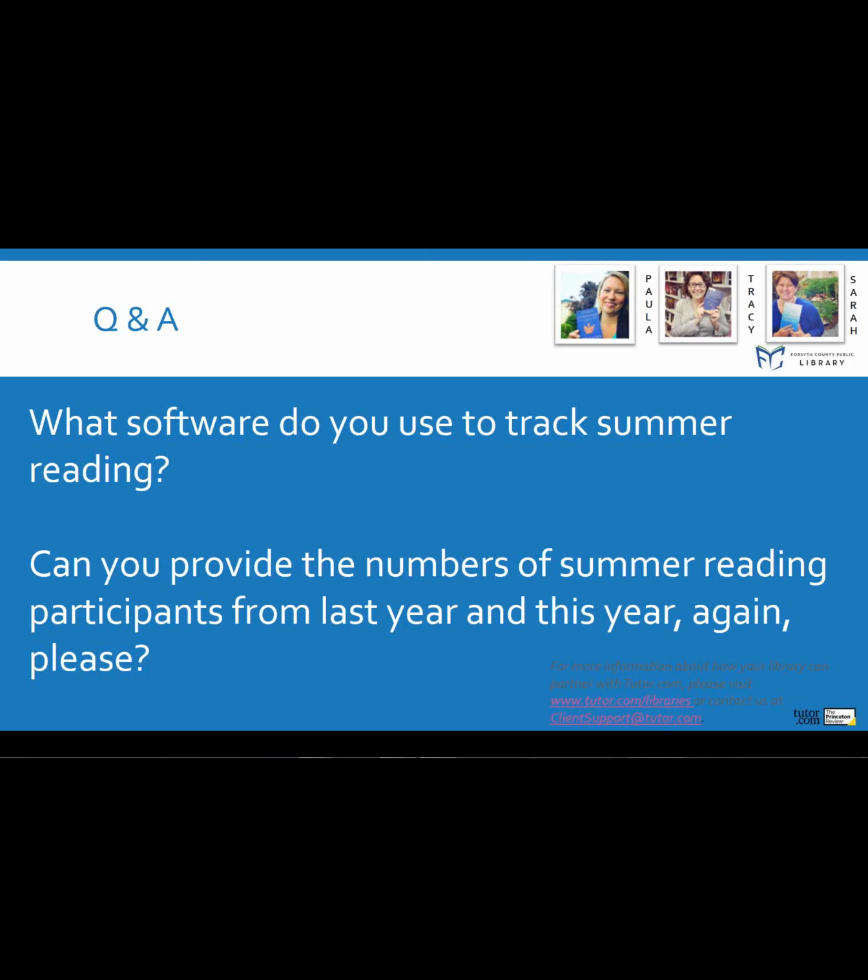That's a combined number. And this year, so far, we're about 3 weeks into the program. Again, it will end at the end of July. But as of this morning, we're just over 7,000 registrations, and that's a combined number. So we've seen a really significant increase.